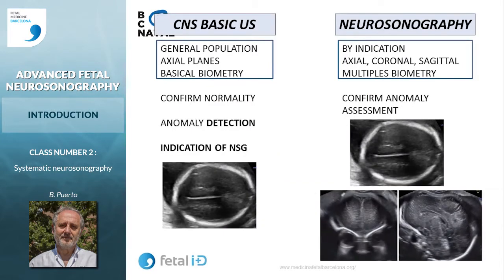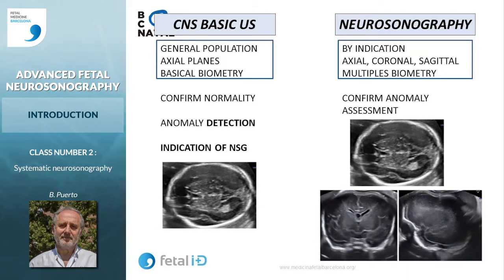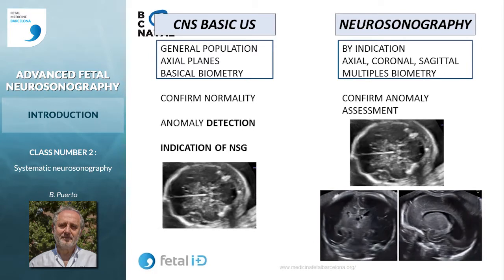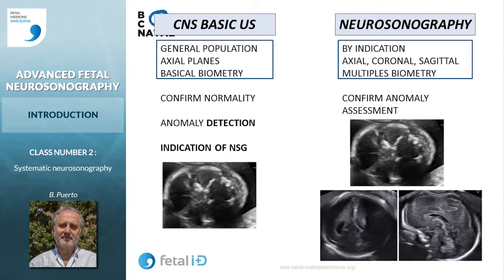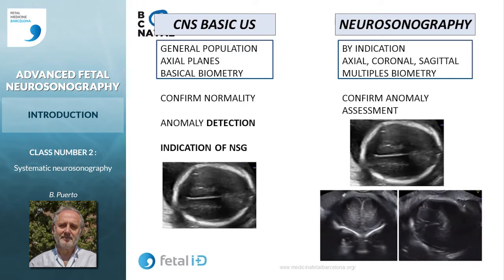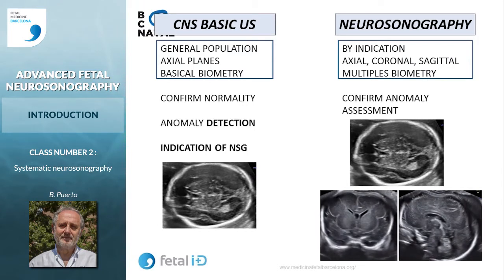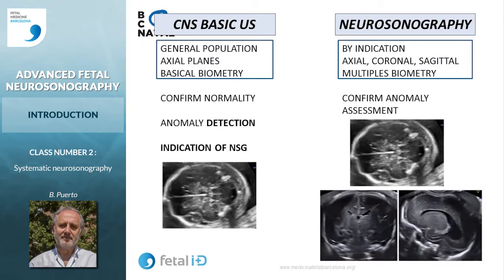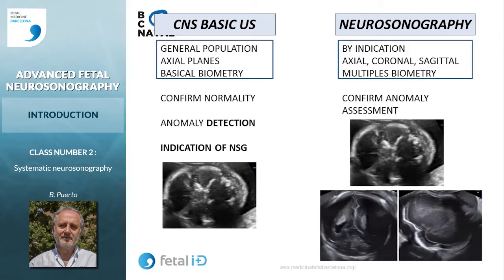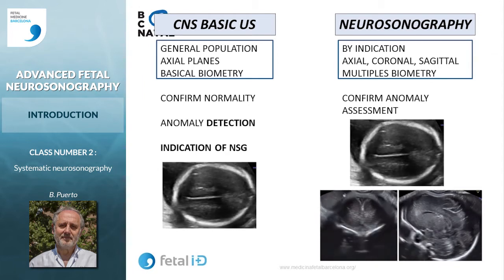In order to organize the detection, it is considered that in the prenatal stage there should be two levels of assessment. One that is offered to all the population. The axial planes are the ones assessed under basic biometries. Its objective is to detect anomalies and to confirm normality.